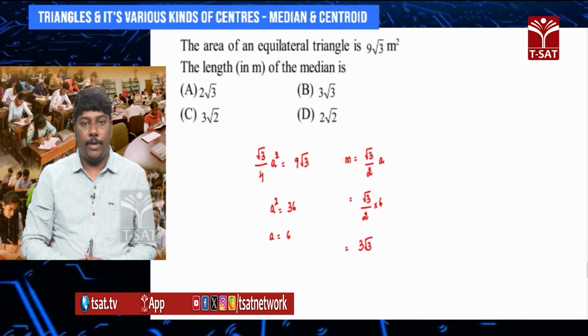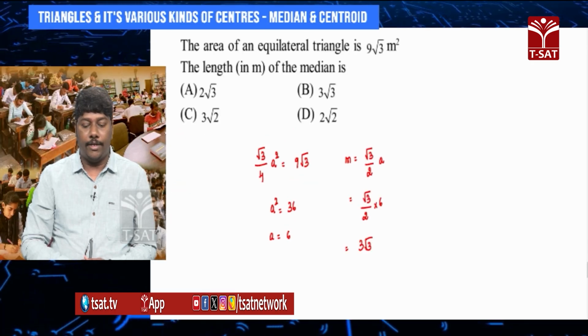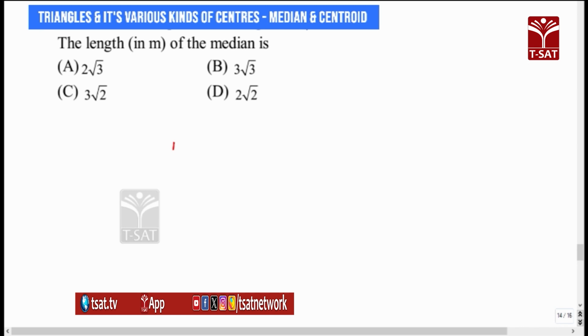This is one way of doing it, and the other way of doing it is area is equal to h square by √3, or else we can say area of equilateral triangle is equal to median square by √3. So, area is given as 9√3 is equal to median square by √3.